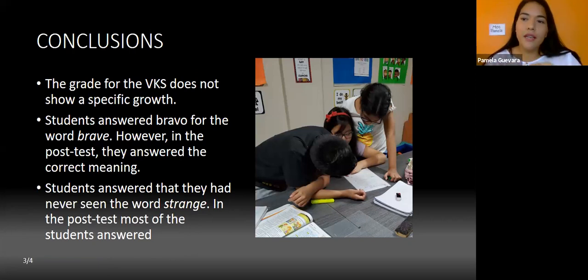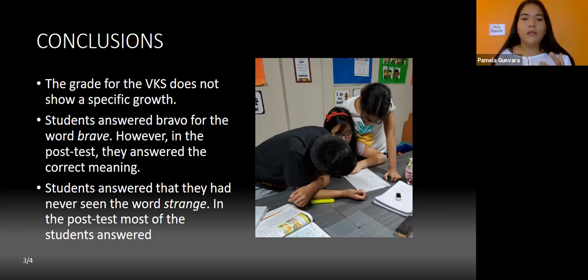The grade for the score for the BKS, I did it in a general way. I didn't focus on each one of the levels. So for example, it was after the study that I could notice which words specifically they learned. Some of them remained the same.